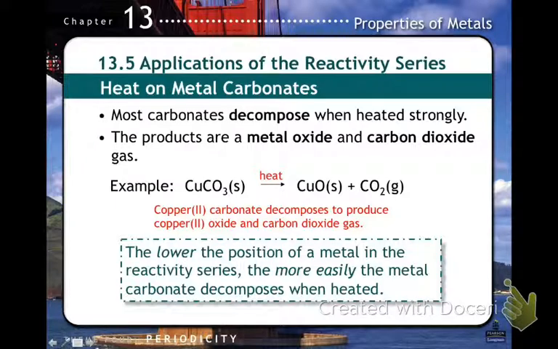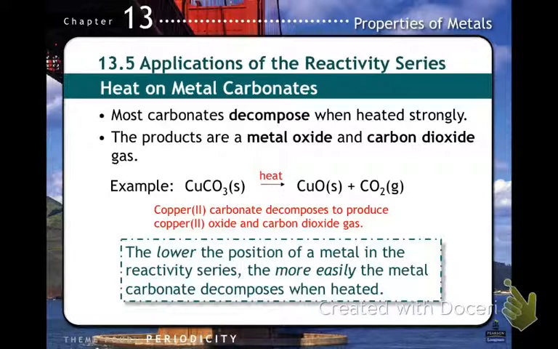Okay, so as I was saying, if a metal is very high up in the reactivity series, when it forms a compound, it's very difficult to extract it or split it apart. So only metals that are lower in the reactivity series can react with carbon or hydrogen, because it's easier to split them apart.